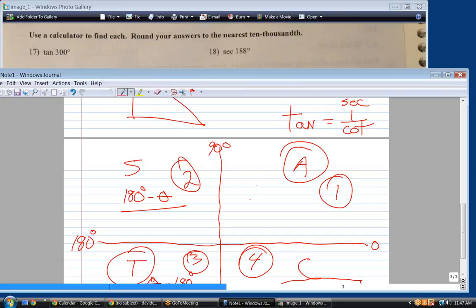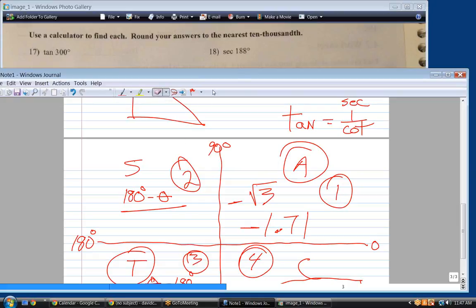It's going to give you negative square root of 3. So if you have your calculator and you do that, you're going to get something about negative 1.71.